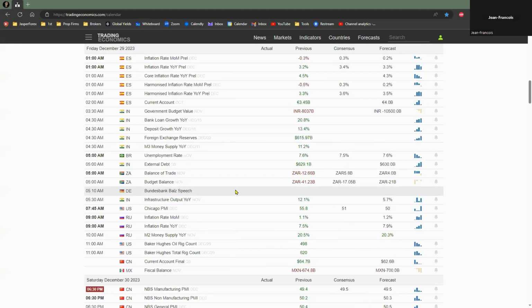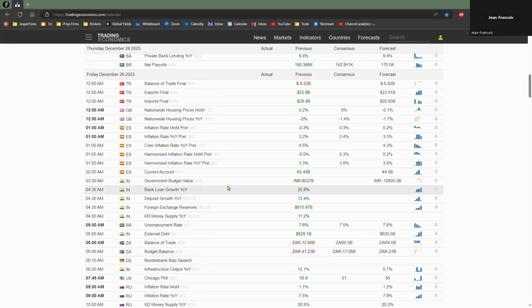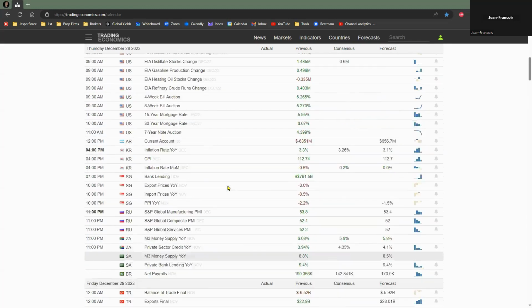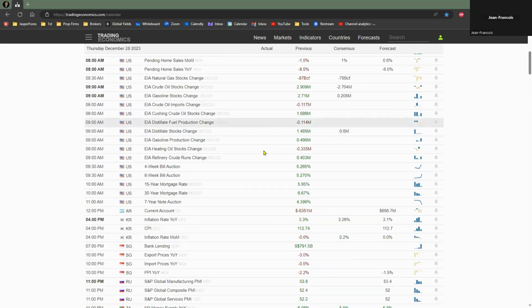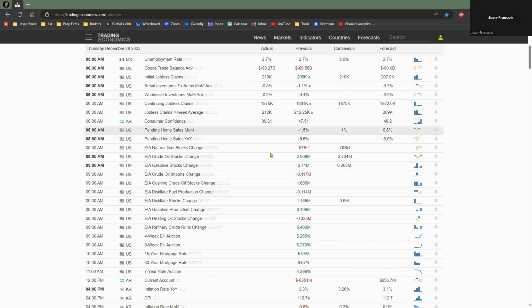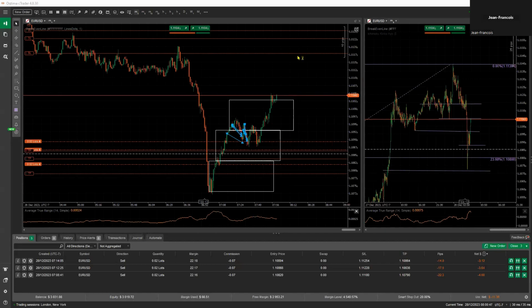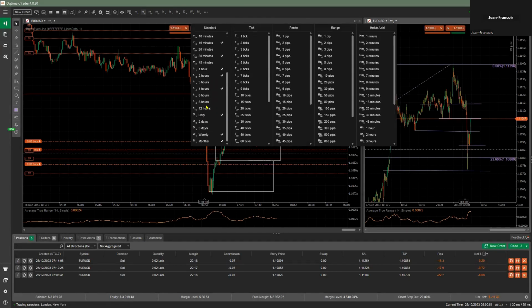Tomorrow is another day, and tomorrow we don't have anything. Okay, so this is our sandbox, and we're now well aware of what we're faced with. In this case, oil stuff, which should not impact the euro. So from this perspective, we can take a look at the day.